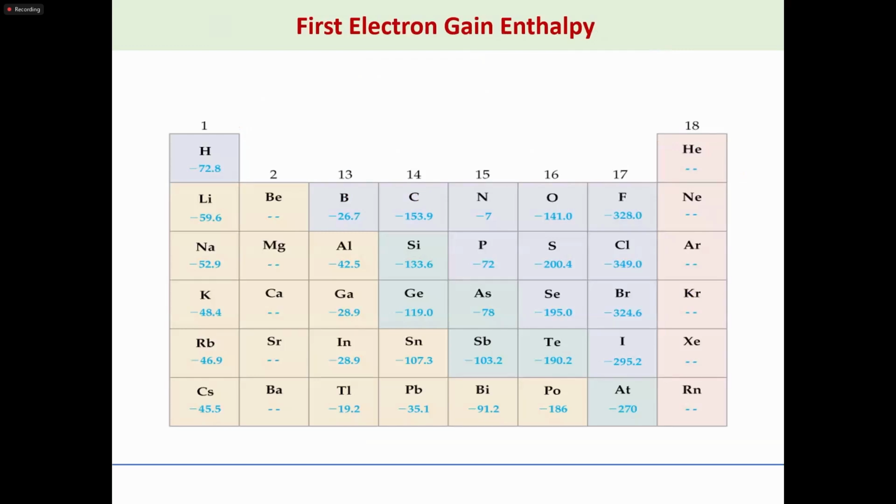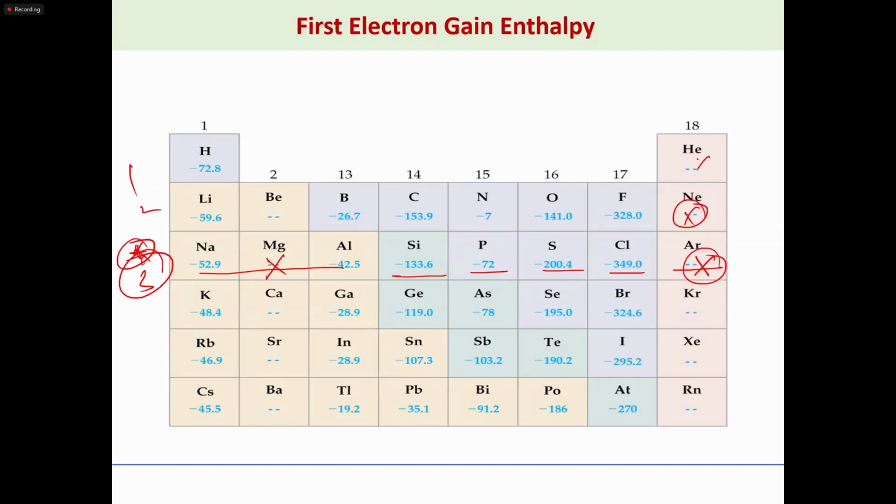So this is the table where we can easily see that, for the third period, when we go from sodium to magnesium, aluminum, then silicon, phosphorus, sulfur, chlorine, and argon.